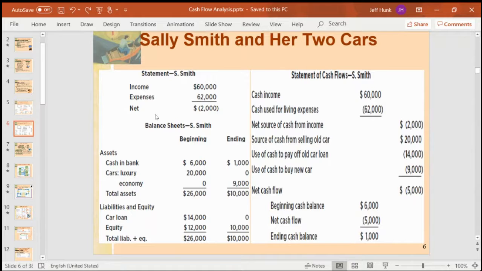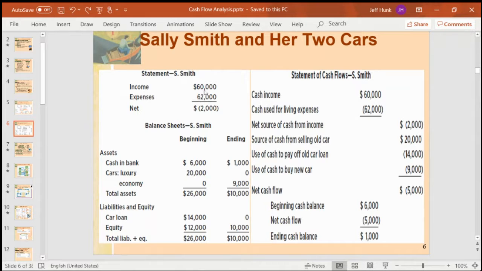Sally Smith and her two cars. Actually, she sold her old car and bought a new car. So it's not two cars. Eventually, there's only one car.